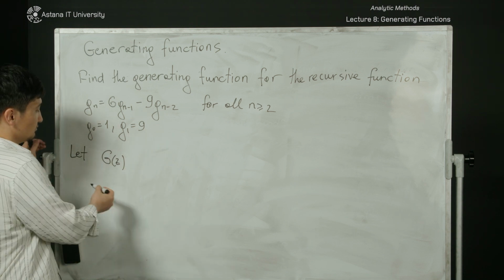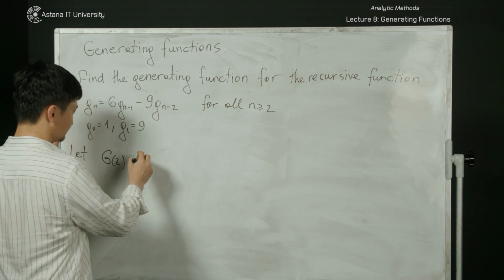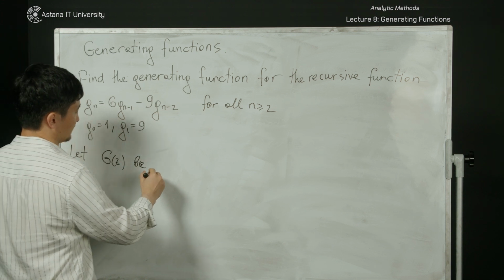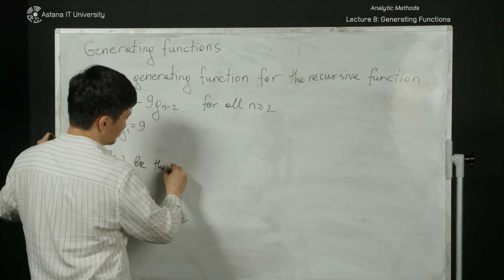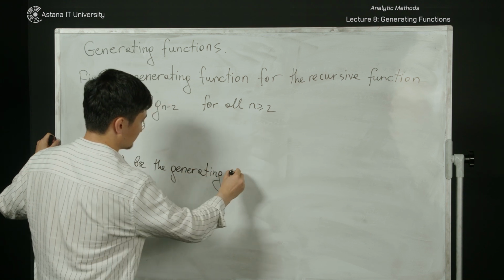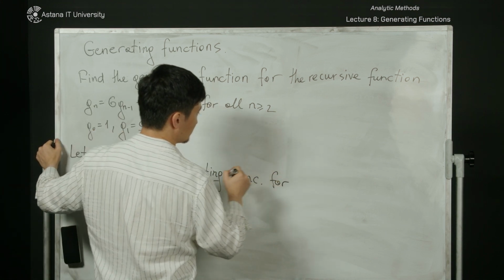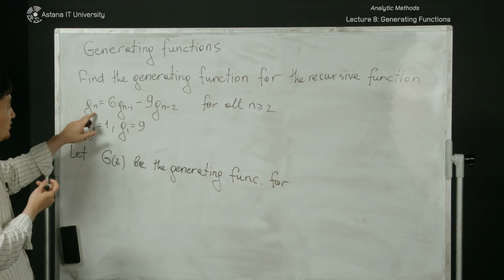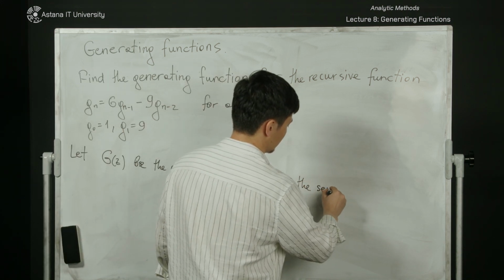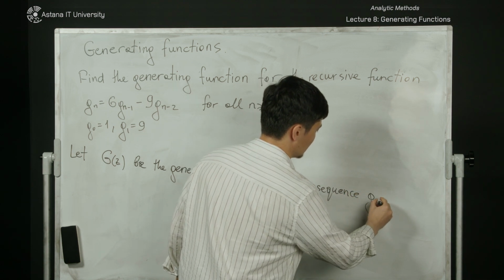So let G of z be the generating function for the sequence g_n.